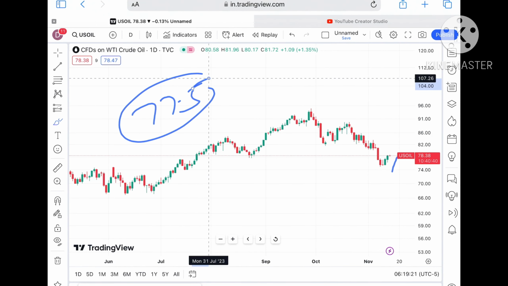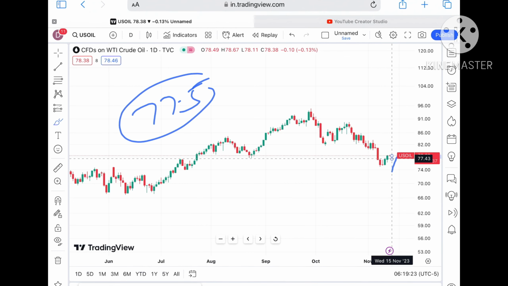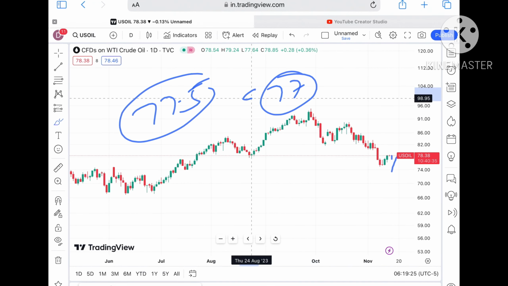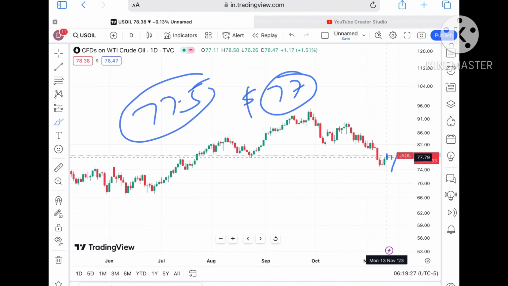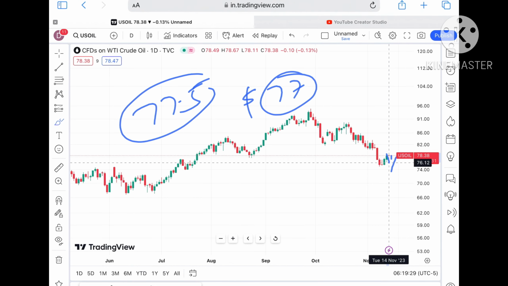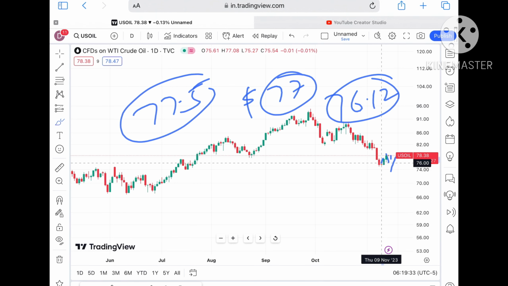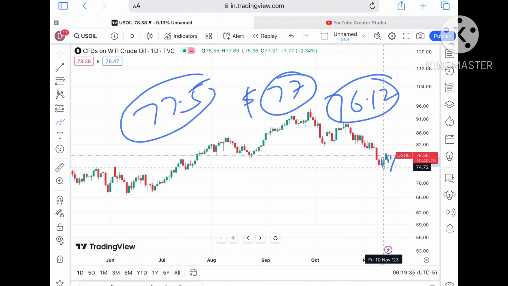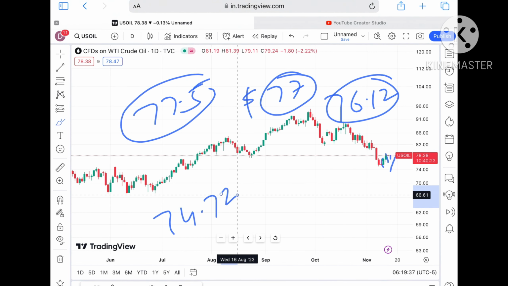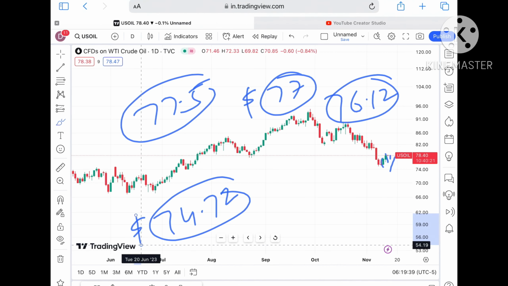If it starts going below that level, we can see it will touch $77. Once the price goes below 77, chances of touching 76.12 we can see. If the price falls below that level, a further downfall towards $74.72.